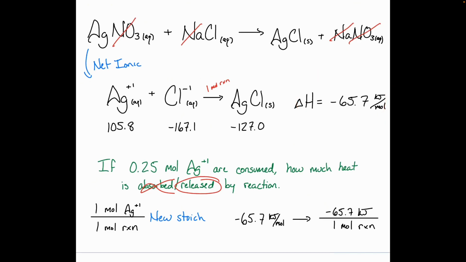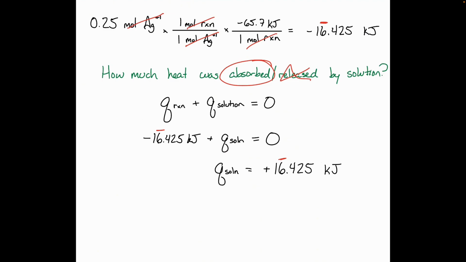Well, where does that heat go? All of that heat has to go into the surrounding solution. So then we can calculate the change in temperature that we would expect given that amount of heat absorbed or released, going back to that calorimetry formula. So we're kind of tying in the beginning part of this lecture with the end here.